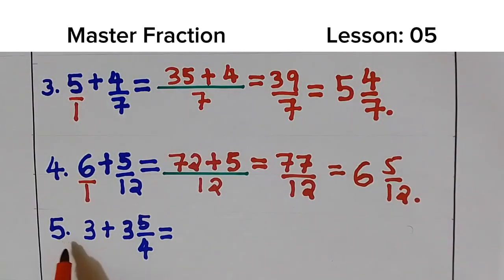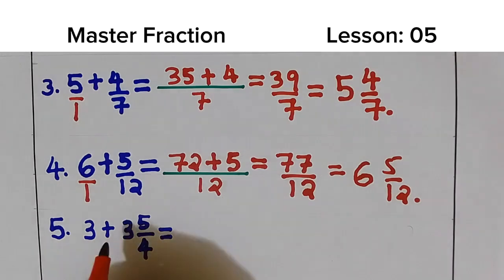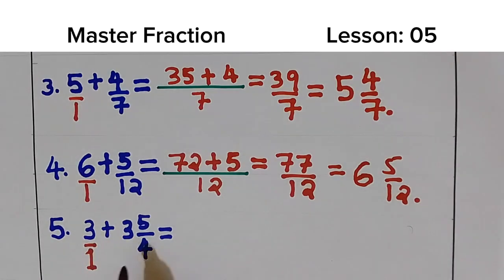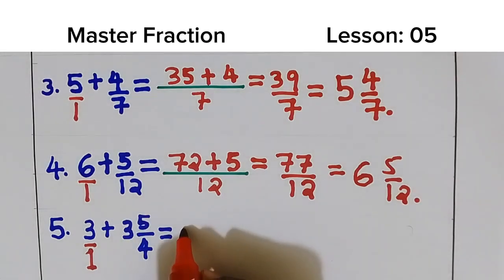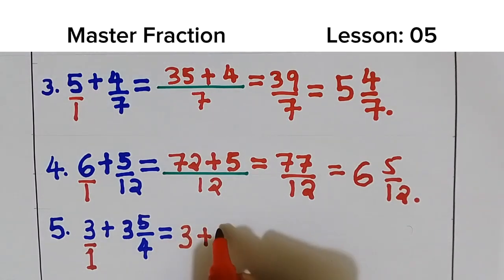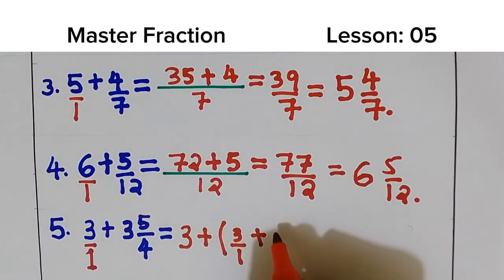Let's do question number 5. The same, we are going to change the whole number into fraction by putting it over 1. But the second fraction involves the whole number also. So we are going to have the whole number 3 plus the fraction part, which is 3 over 1 plus 5 over 4.